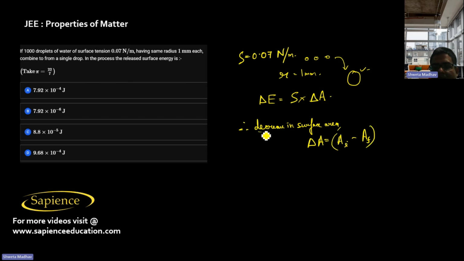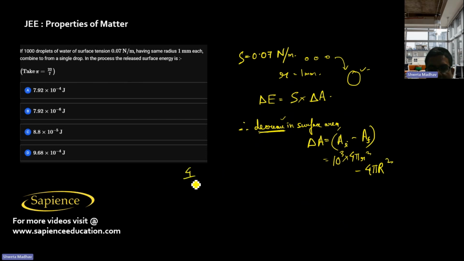If we had to find the increase, we would find final area minus initial area, but here we have to find the decrease. So initial area, that is 1,000, so 10 power 3 into 4 pi r square, minus the final area, that is 4 pi into capital R square.